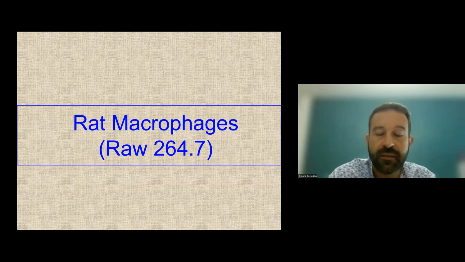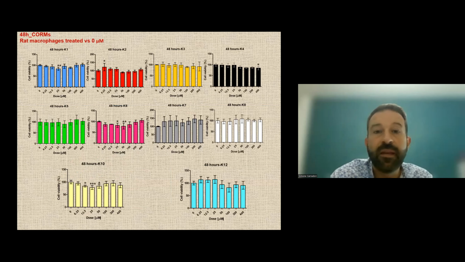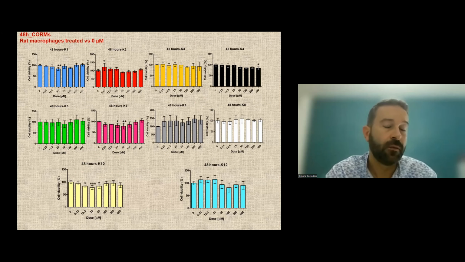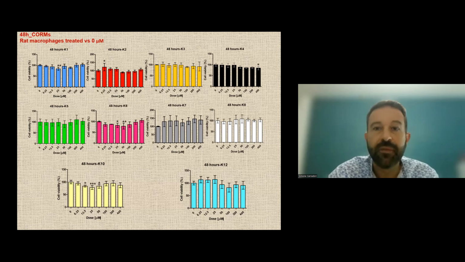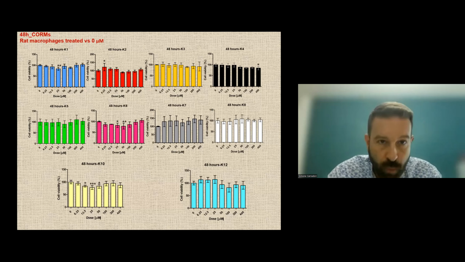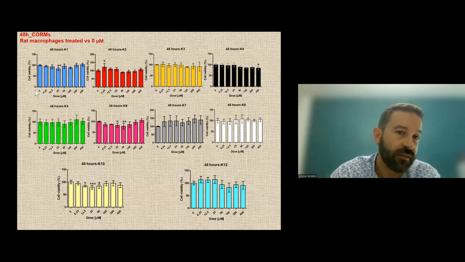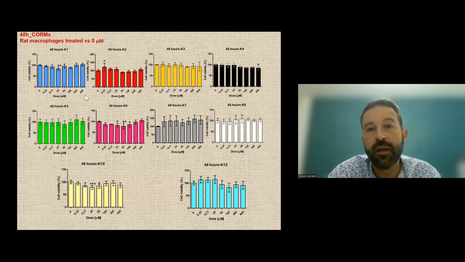Then we tested the compounds in a cell model of inflammation, in particular rat macrophages, which are very famous for testing inflammation in cell-based assays. First of all, the compounds were tested for their viability and biocompatibility towards this cell line up to 48 hours at different concentrations, as you can see, from 0, just the control, to 400 micromolar.